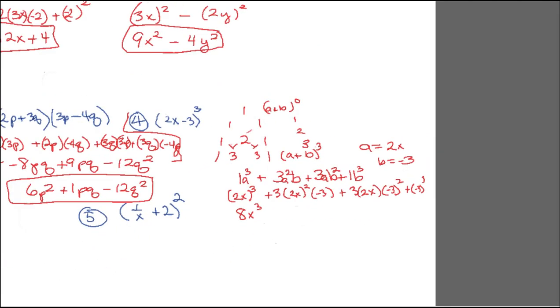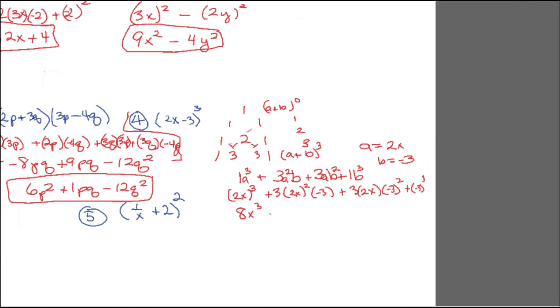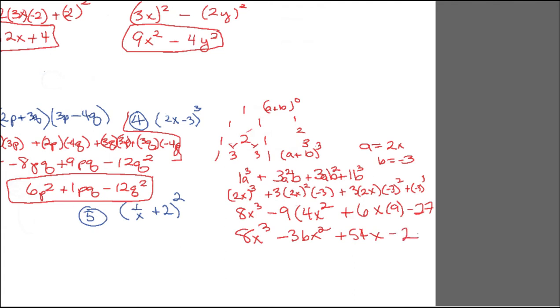Negative 9 times the 4x squared when you square that 2x. And then here we're going to have a 6x times a 9 minus 27 when you cube that negative 3. And then you get 8x cubed minus 36x squared, and then plus 54x minus 27.